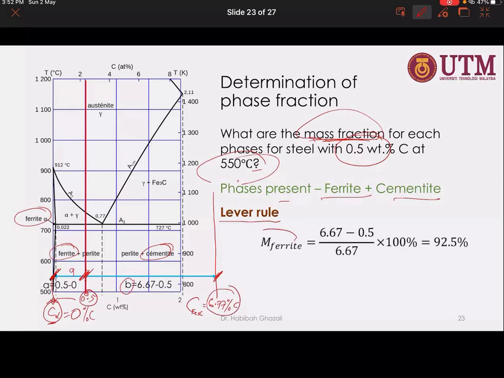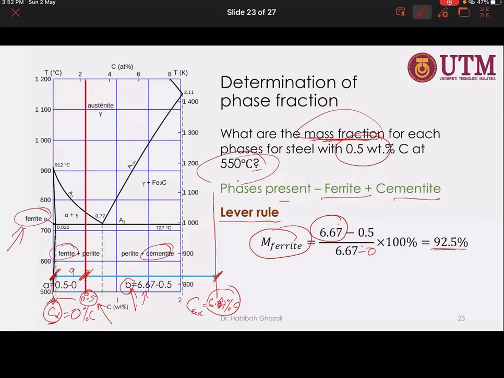So for the fraction of ferrite, we take the length of B, the opposite side: 6.67 minus 0.5, where 0.5 is the alloy, divided by 6.67 minus 0, the total length.